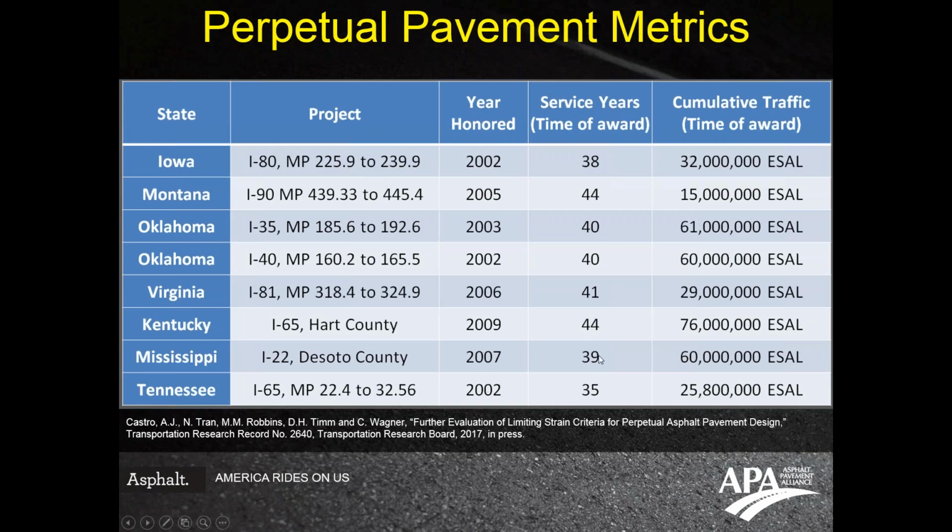So some of these, I think we topped out at 44 years, and the youngest was 35, and some considerably high ESAL counts. And again, these pavements did not ever have bottom-up cracking, deep structural rutting. All they could have had would be just minimal amounts of structural improvements over time, dealing with just issues at the surface of the pavement.